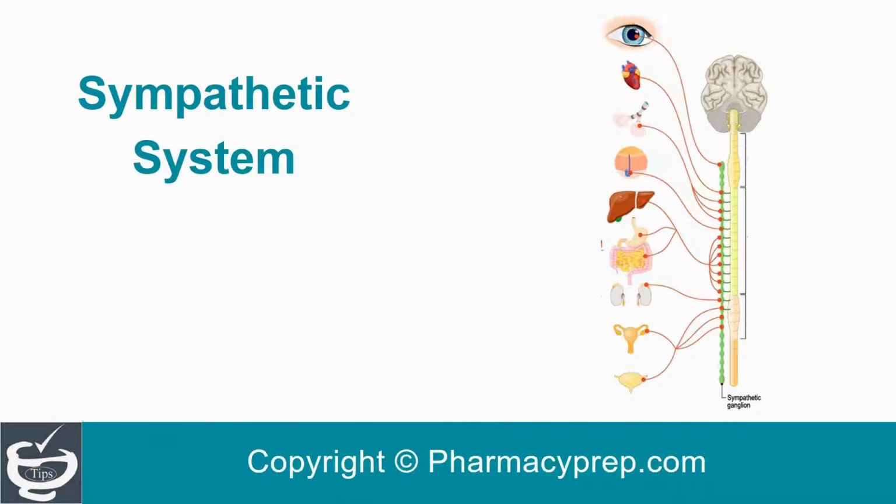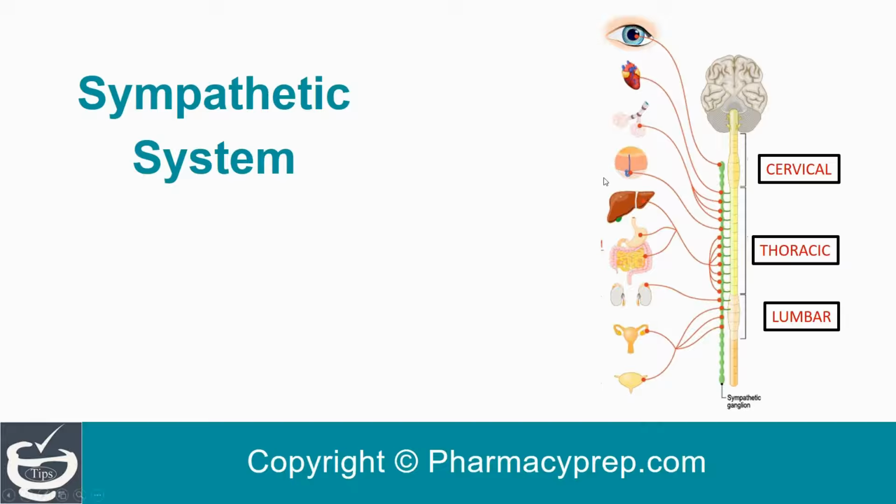In the sympathetic system, all pathways begin from the spinal pathways: cervical, thoracic, and lumbar. So the sympathetic nervous system innervations begin from those spinal pathways.